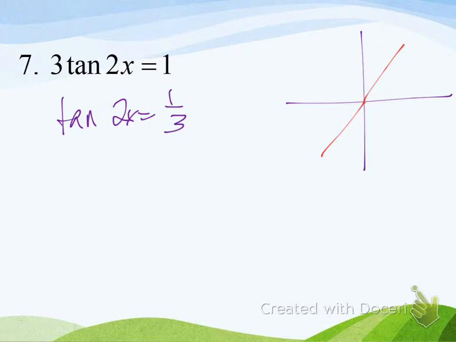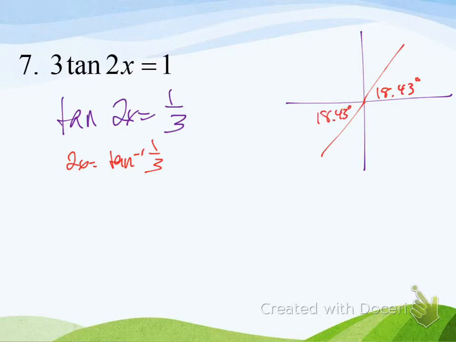And where in quadrant 1 is the value of tangent 1/3? Well, nowhere, right? So we have to go to our calculator and do inverse tangent. So inverse tangent of 1 divided by 3 means that our angle is 18.43 degrees, which means that our distance from the horizontal is 18.43 degrees.